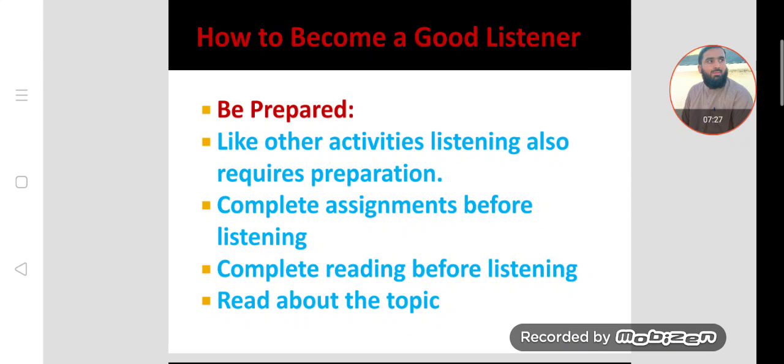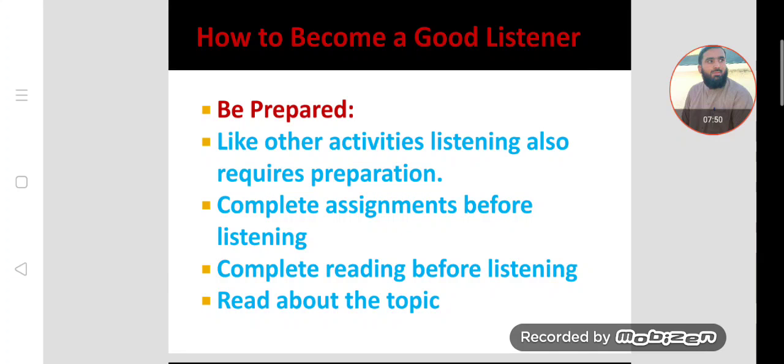How to become a good listener? Yes, we have many ways, and on the basis of these ways we can become a good listener. For example, the first one is be prepared. Dear students, like other activities, listening also requires preparation. Yes, complete assignments before listening.